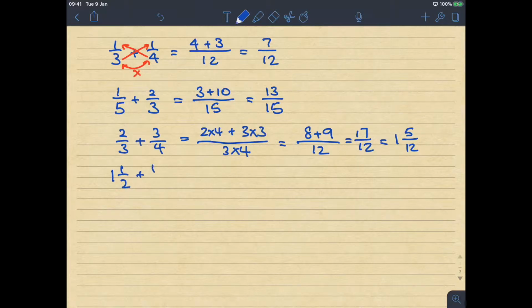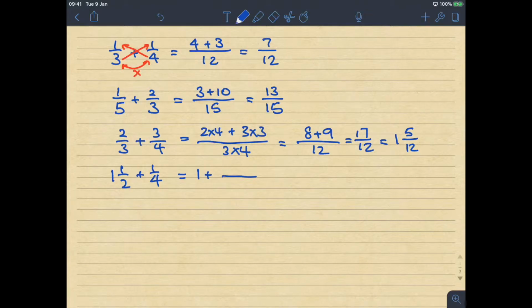Okay, next let's deal with one like this. So 1 and a half plus a quarter. So when I see that there's a whole number, I usually take it out straight away. So when we come to do the adding of the fraction, I don't actually look at that at all. So I'm going to put 1 here and then add and then do our usual.